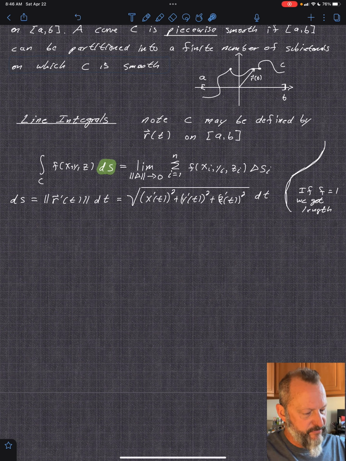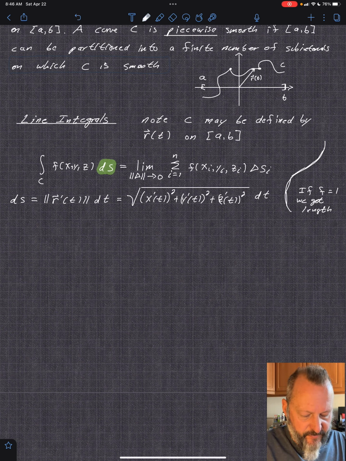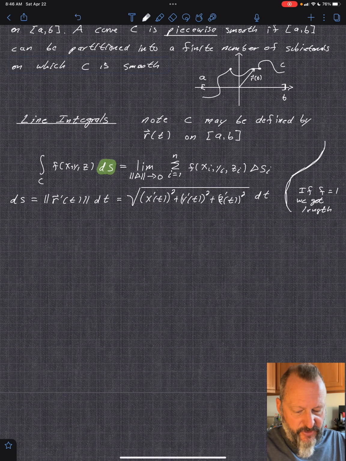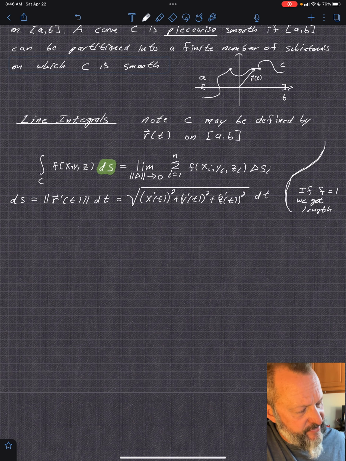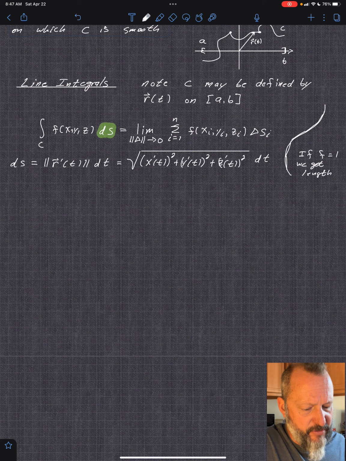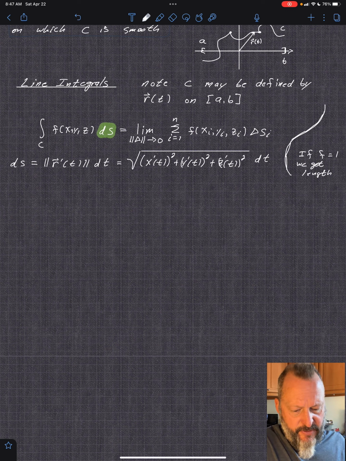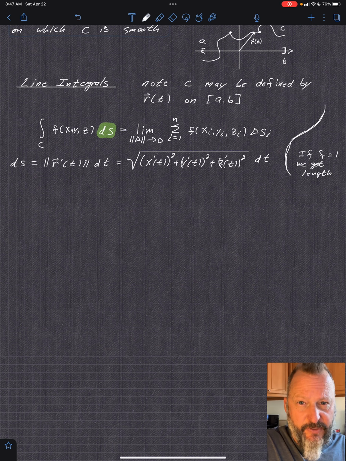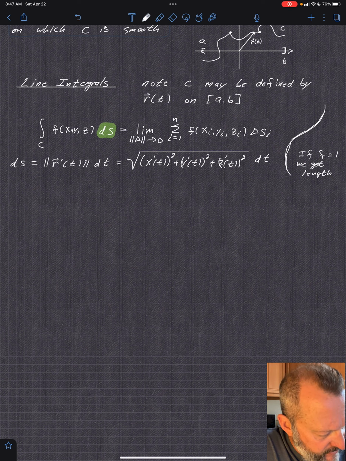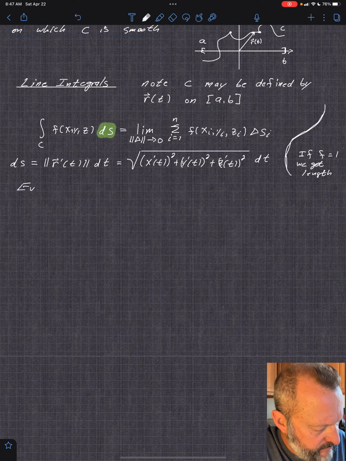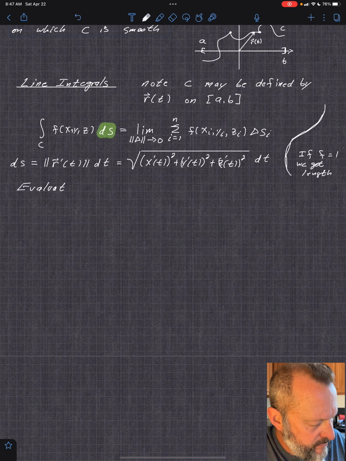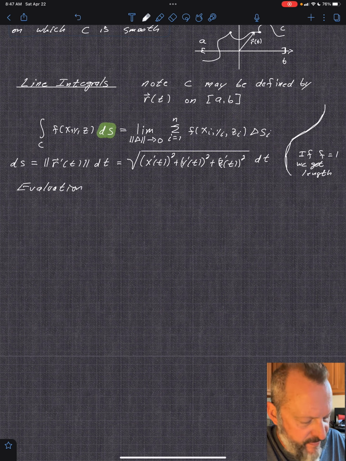I forget where we were with that one, but you can look back. So this next form is what we would call the evaluation formula, and that's really what you're interested in.